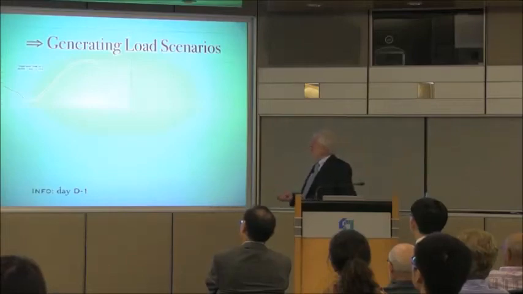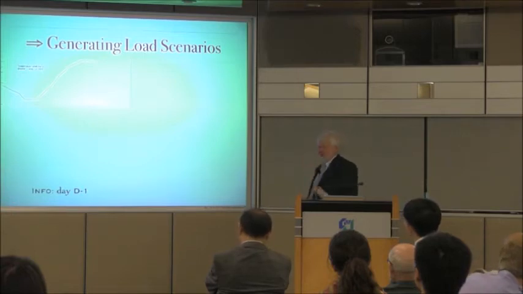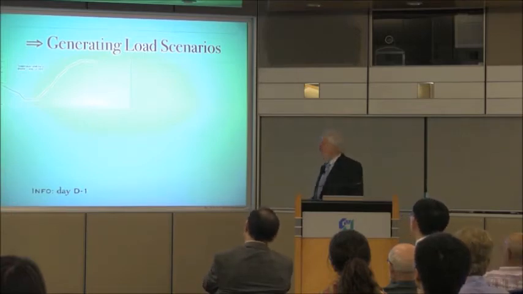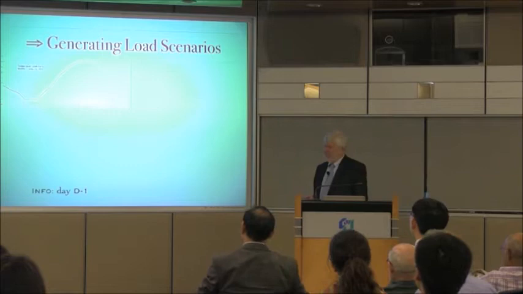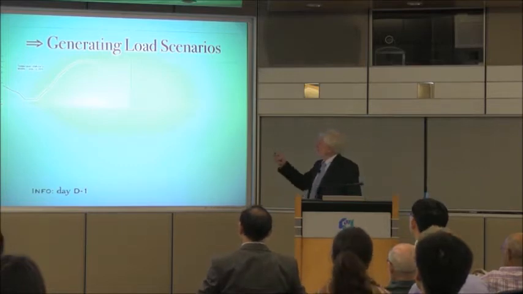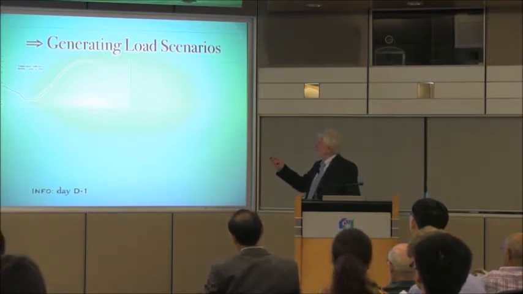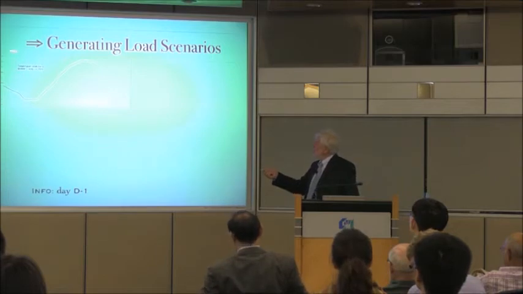So in order to generate a load scenario, I'm going to do it for one day in the moment where you do it more or less perfectly. You are given the temperature predictions, in this case for Boston on a particular day.